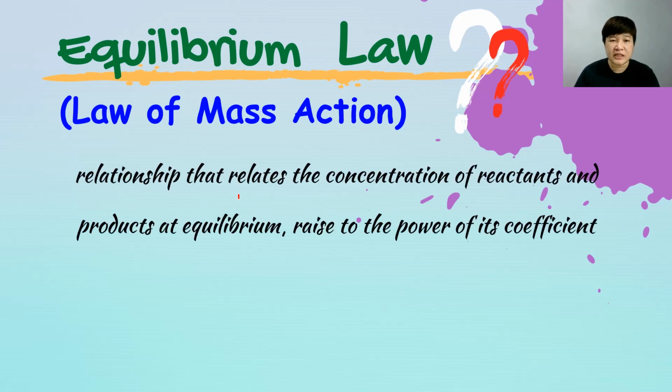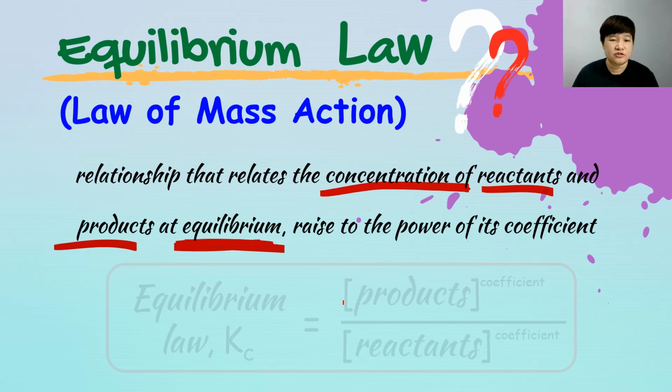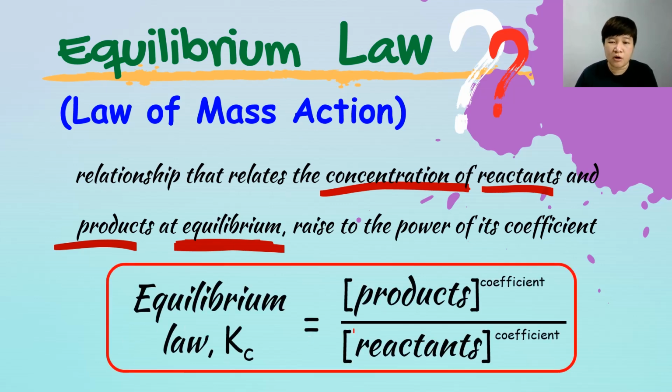It's actually the relationship that relates the concentration of reactant and product at equilibrium and raised to the power of its coefficient. So, the general equilibrium law looks something like this, where we are talking about the concentration of the product versus the concentration of the reactant and to the power of their own coefficient.